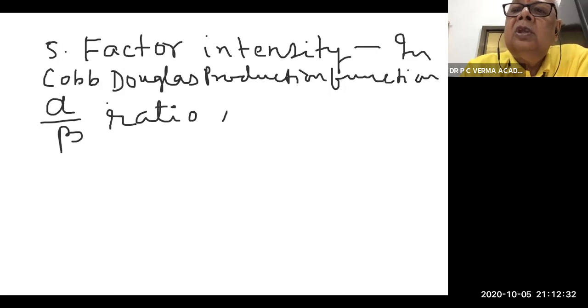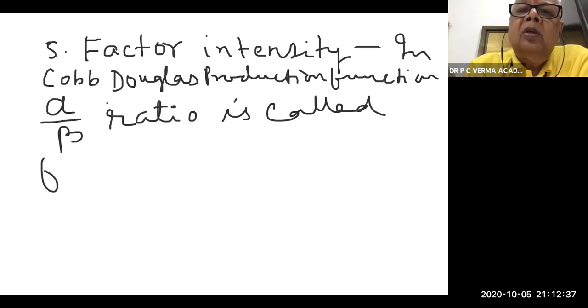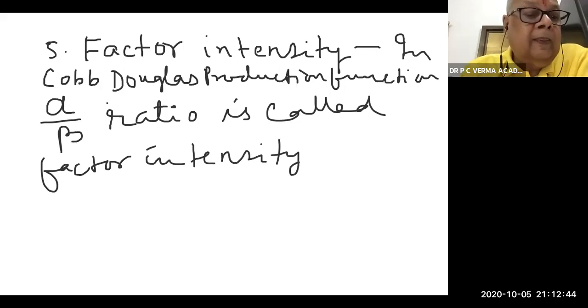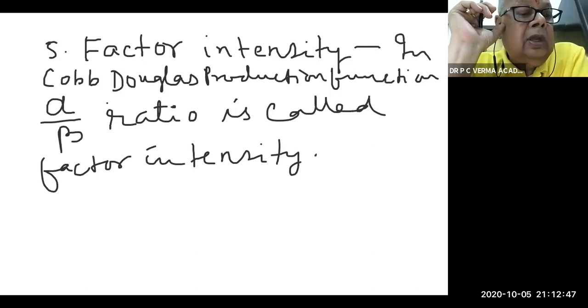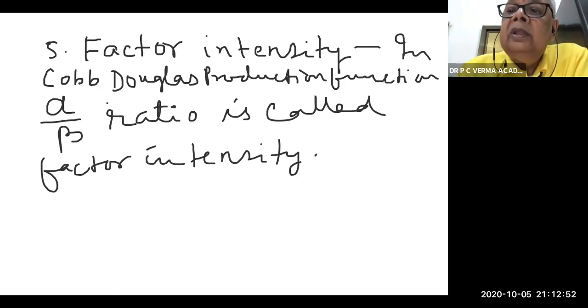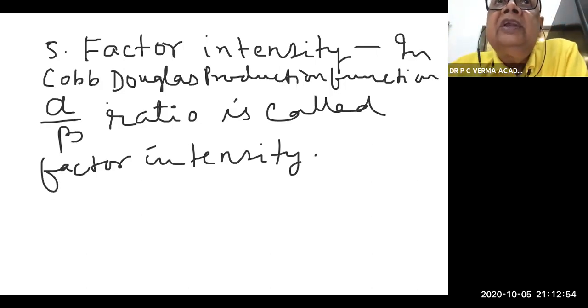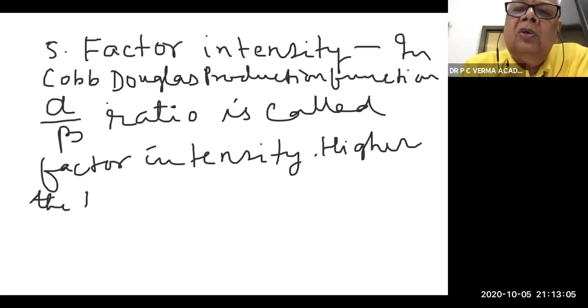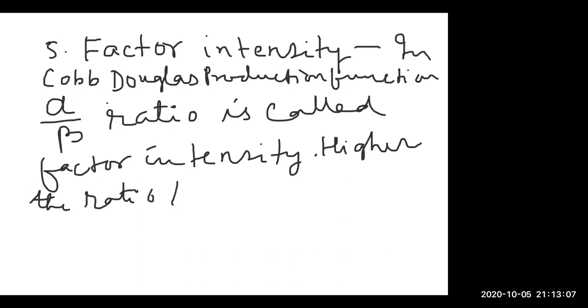The alpha by beta ratio is called factor intensity. This is most important for NET examination. Higher the ratio, it would be labor intensive, and lower the ratio, it would be capital intensive. Higher the ratio, labor intensive.